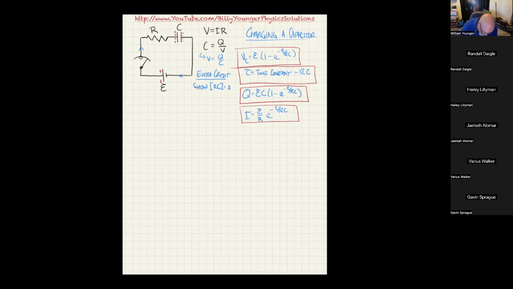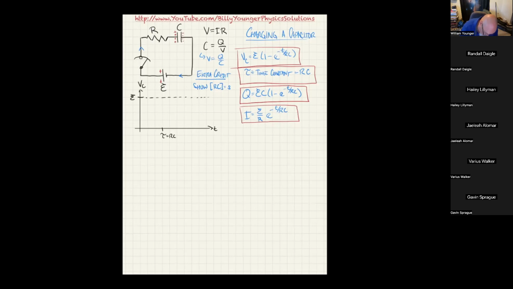And you could actually look at the graphs as follows. Let's say this is time, and let's say this unit of time right here is tau equals RC. And this is going to be VC, so the voltage across the capacitor. And what you'd see is that we're going to have a value right here of E, and that's actually going to be what's called an asymptote.